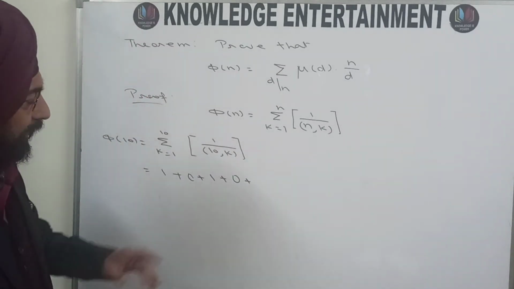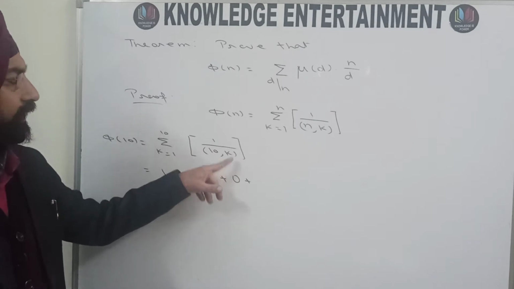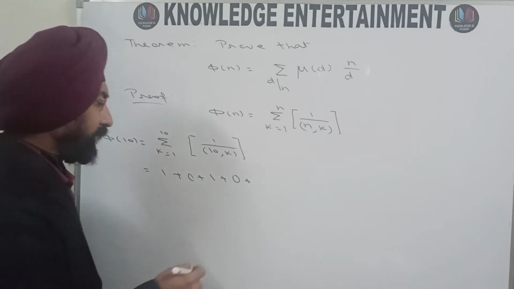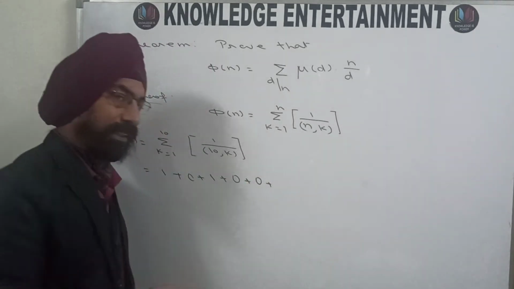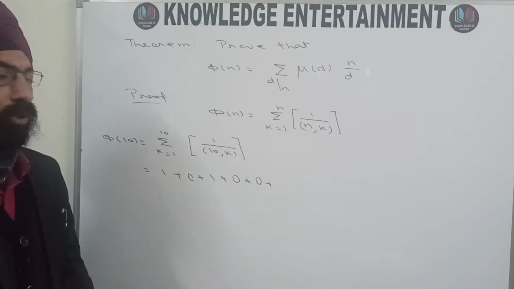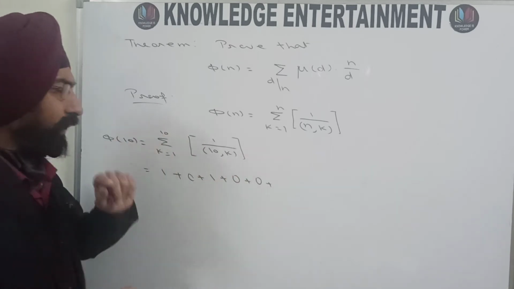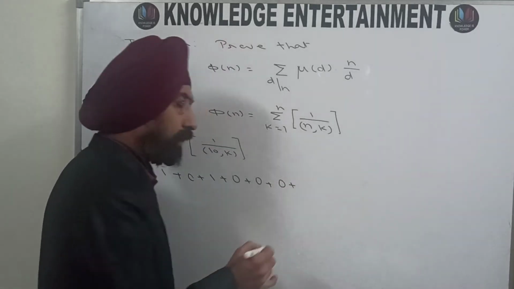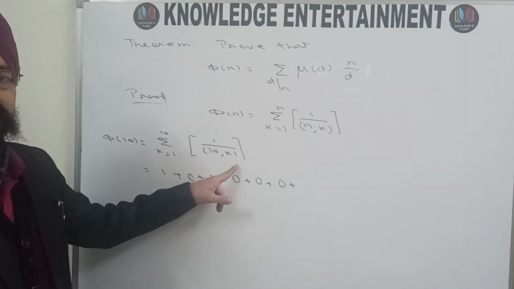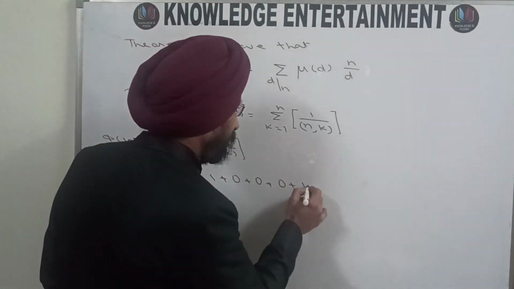Plus, put k is equal to 5 now. 10 and 5 GCD is 5. So 1 upon 5 is 0.2 and the greatest integer of 0.2 is once again 0. Plus, put k is equal to 6 now. GCD of 10 and 6 is once again 2 and 1 upon 2 is 0.5 and the greatest integer function of 0.5 is once again 0. Plus, if you take k is equal to 7, GCD of 10 and 7 is 1, 1 upon 1 is 1 and the greatest integer function of 1 is 1.